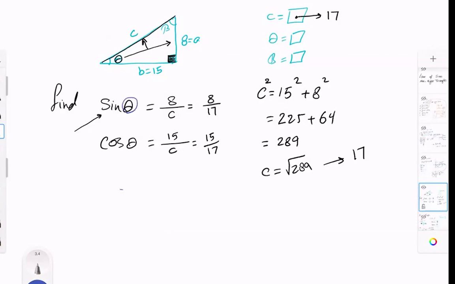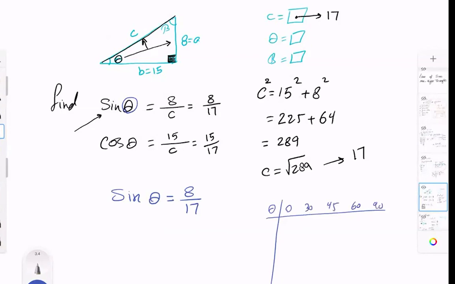theta, so we have sine of theta equal to 8 over 17. The angle that you need to know, if you have a unit circle or a table: 0, 30 degrees, 45, 60, and 90, and all the multiples of those angles, you need to know sine and cosine.